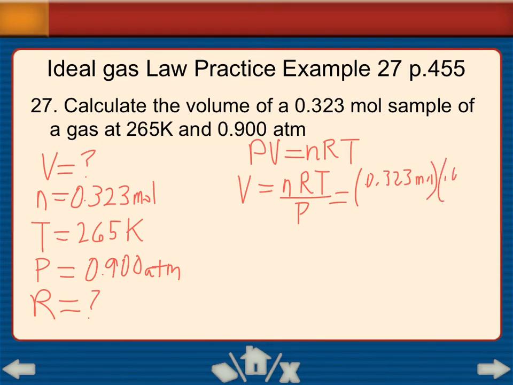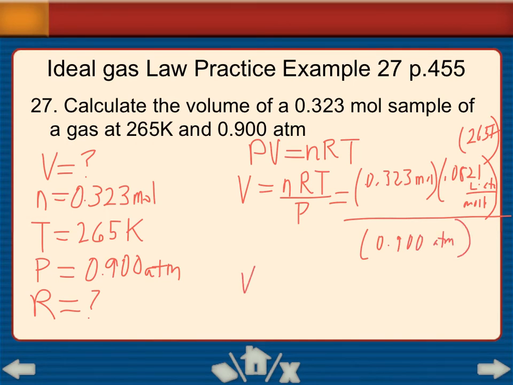We'll use the 0.0821 liter atmosphere per mole Kelvin for R, we have 265 Kelvin all over a pressure of 0.900 atmospheres.